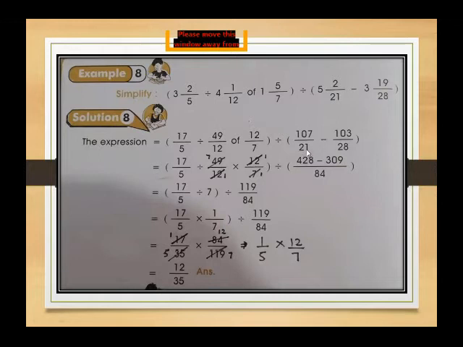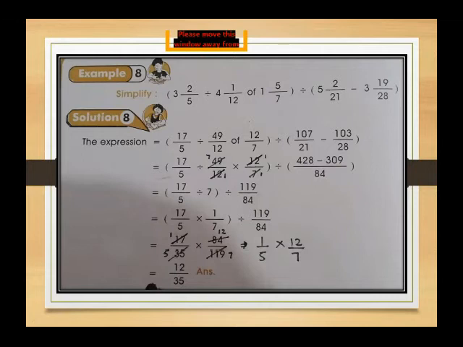So 21 fours are 84 and 28 threes are 84. Here we multiply the numerators with the same number: 107 multiplied by 4 and 103 multiplied by 3 gives 428 minus 309. Now come to the first parenthesis. After cancellation, when we multiply the numerators, only 7 is remaining. 7 ones are 7, and in the denominator there is 1, and we don't write 1 in the denominator.